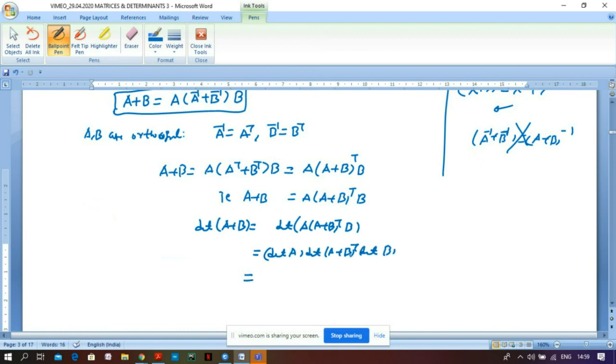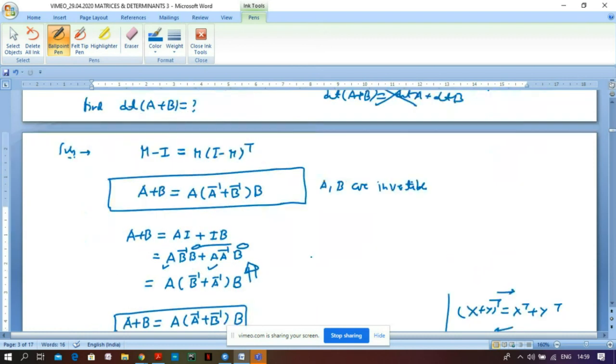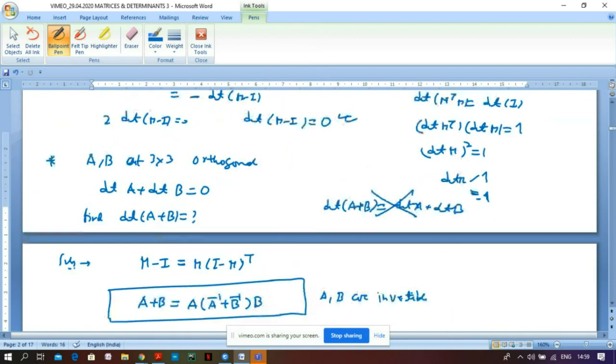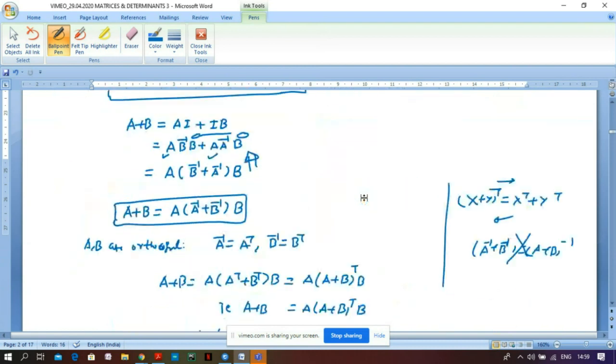Now, because det of a plus det of b is 0, and you know for an orthogonal matrix det of a is 1 or minus 1, and similarly det of b also is 1 or minus 1. It is given the sum is 0, so one of them is 1, the other is negative 1. Which one is 1? I don't care. We did not need it.